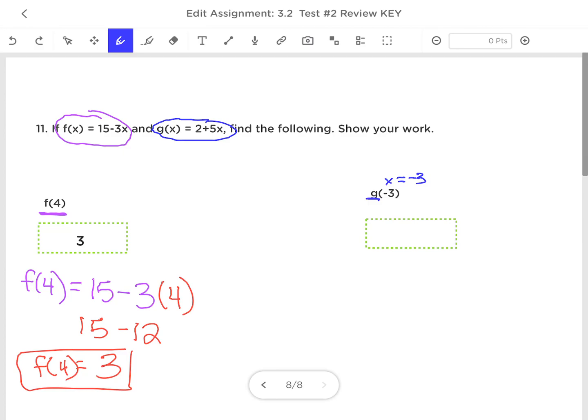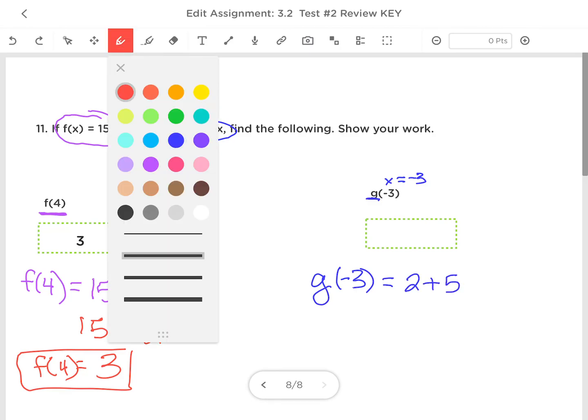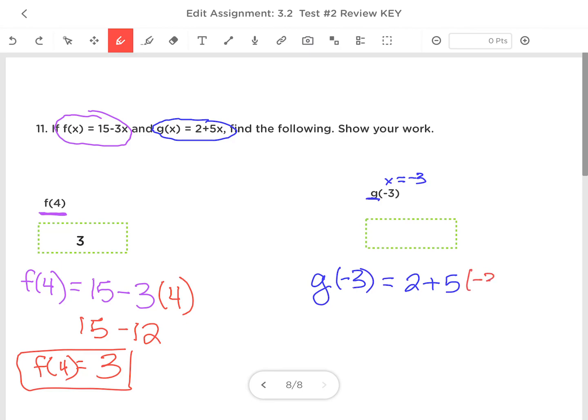So I have g of -3 equals 2 plus 5, I'm replacing the x with a negative 3, which gives me 5 times negative 3. 5 times negative 3 is a negative 15. So that just turns into a minus 15. 2 minus 15. The 15 is a negative number and it's the bigger number, so my outcome is going to be negative. And it's 13. So that would be g of negative 3.